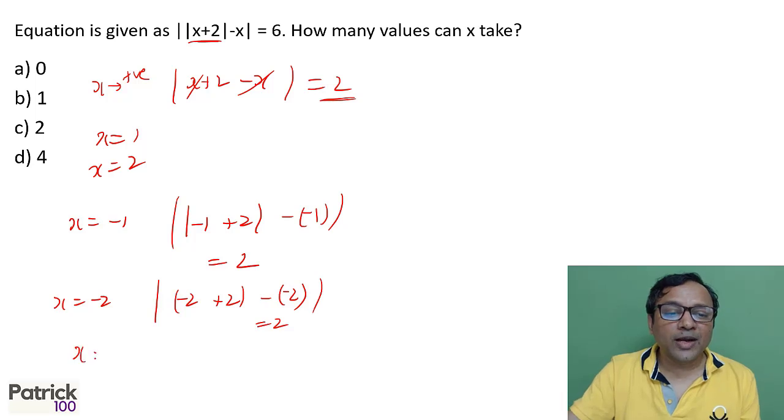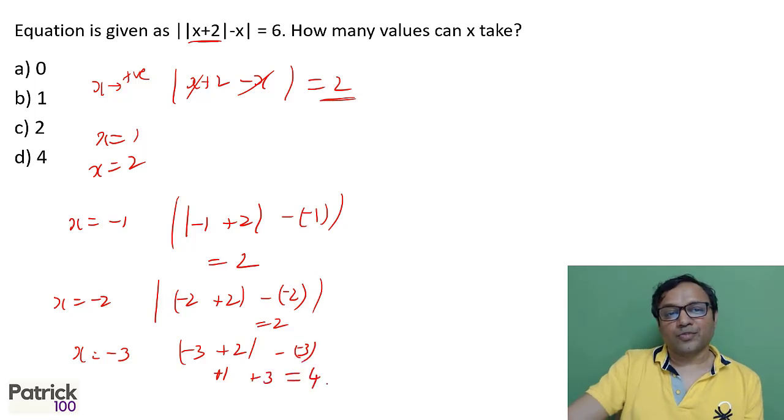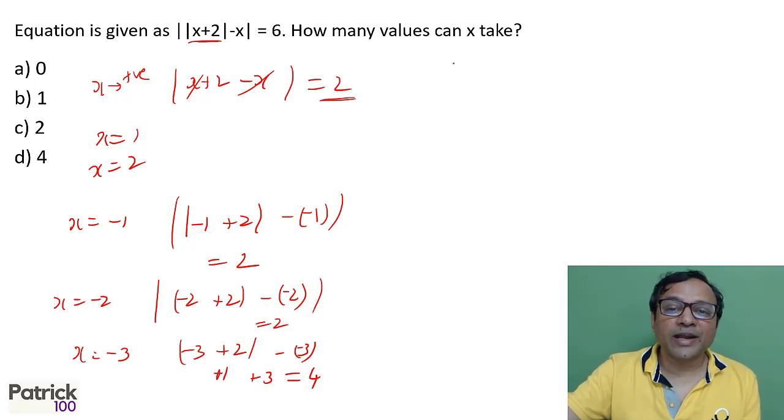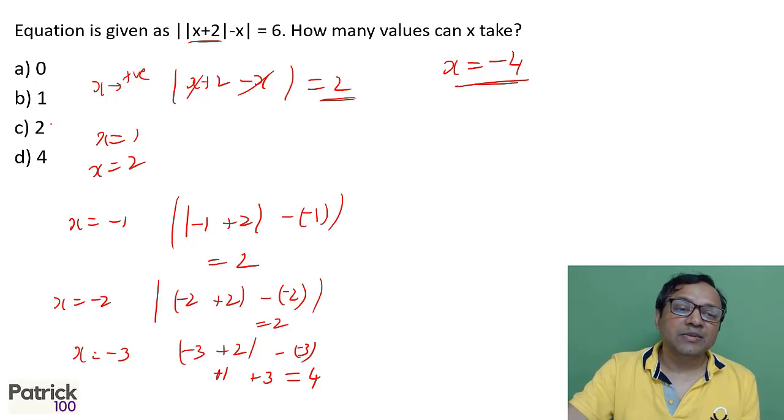But the moment you go beyond that, x equal to minus 3, what happens? Minus 3 plus 2 will become minus 1, which becomes plus 1 if you do the mod sign. And minus of minus 3 becomes plus 3, gives you 4. So you can make out that the 6 will happen when x equal to minus 4. That's the only value it will satisfy. When x equal to minus 4, it will be 6.